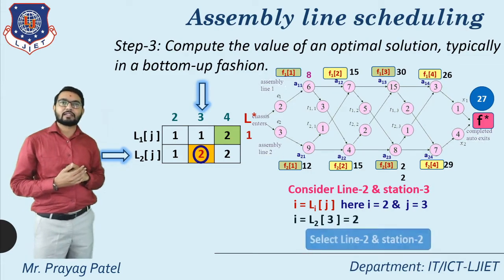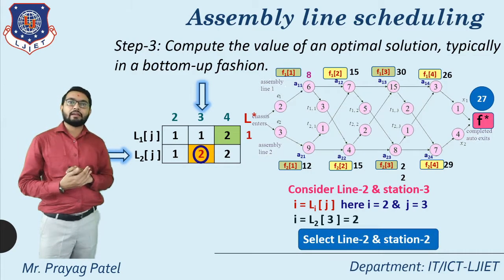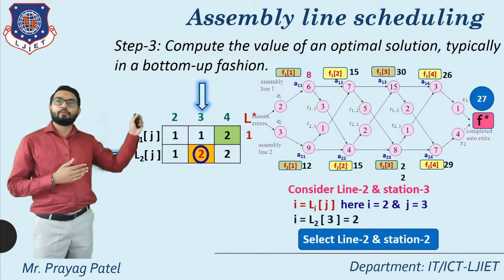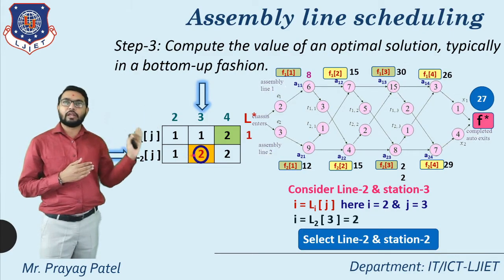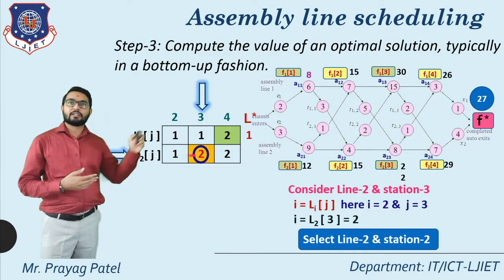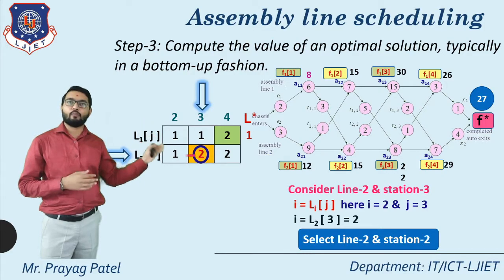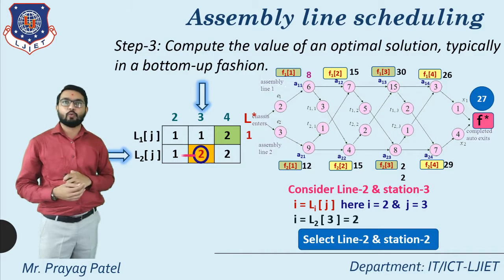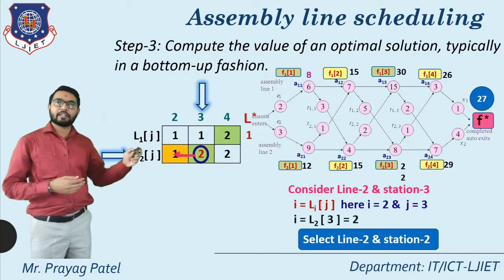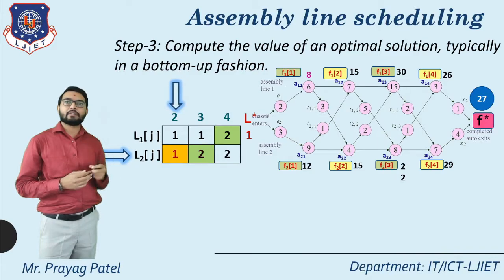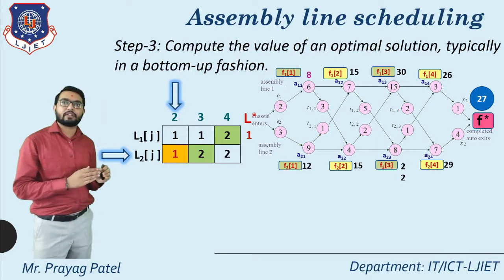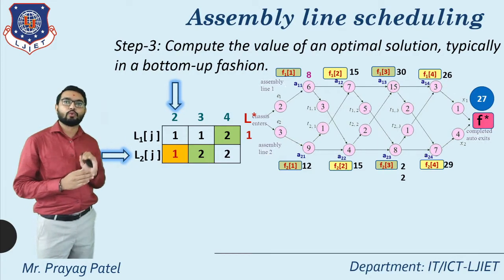So consider this step: line number 2 and station number 2. So we move from location 2 3 to 2 2. This path is the movement along line number 2 from location 3 to location 2. Now the next location is location 2 2.